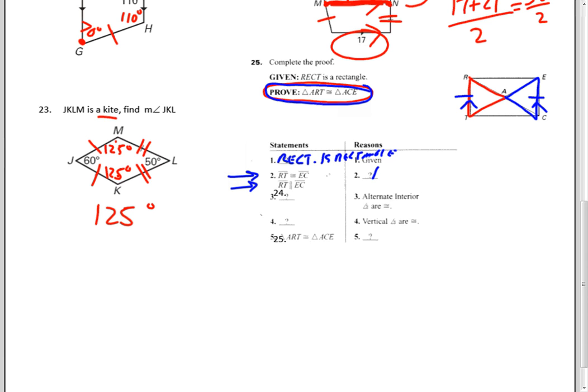What I would write would be: if quad is rectangle, then opposite sides are congruent and parallel. I would actually write out what is happening. We're saying that opposite sides are congruent, and we're saying that opposite sides are parallel. Those are characteristics of a rectangle.